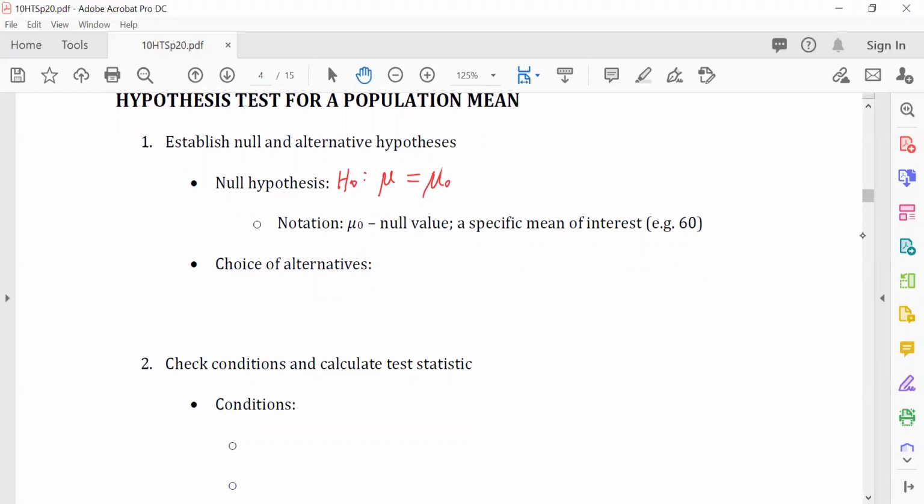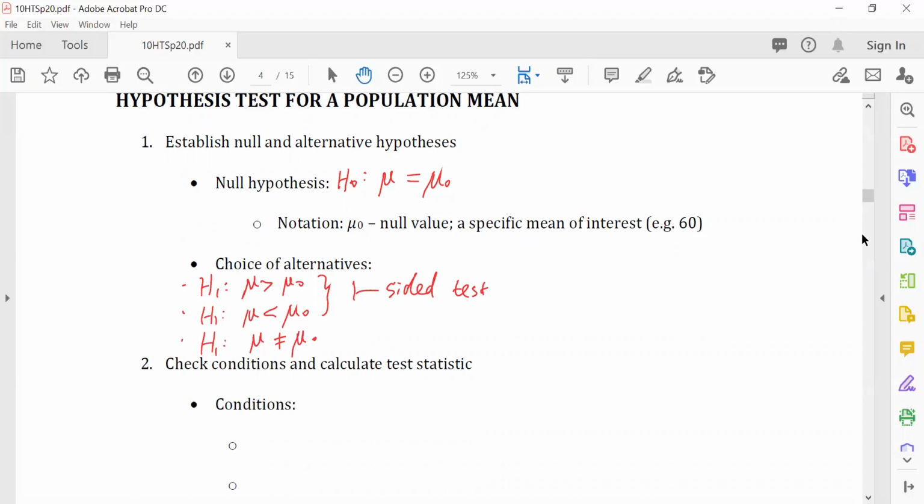The choice of alternative hypothesis, there are 3 choices. It could be mu greater than mu null, mu less than mu null, or mu not equal to mu null. The first 2 are called one-sided tests.